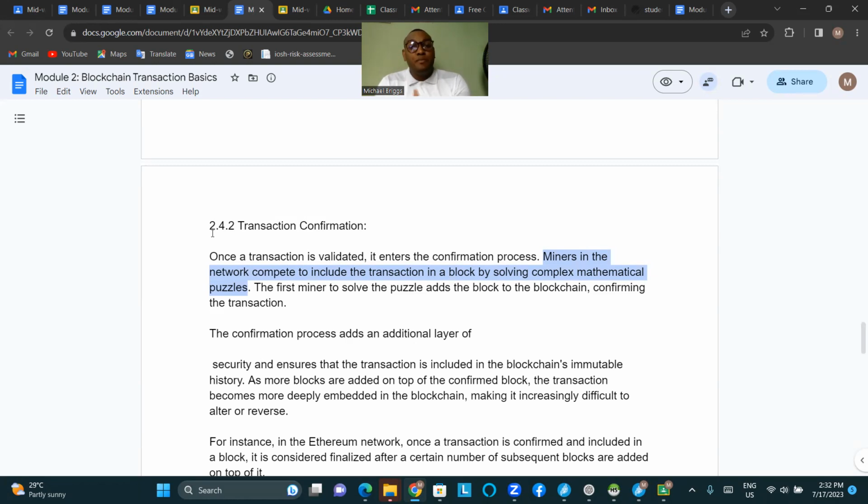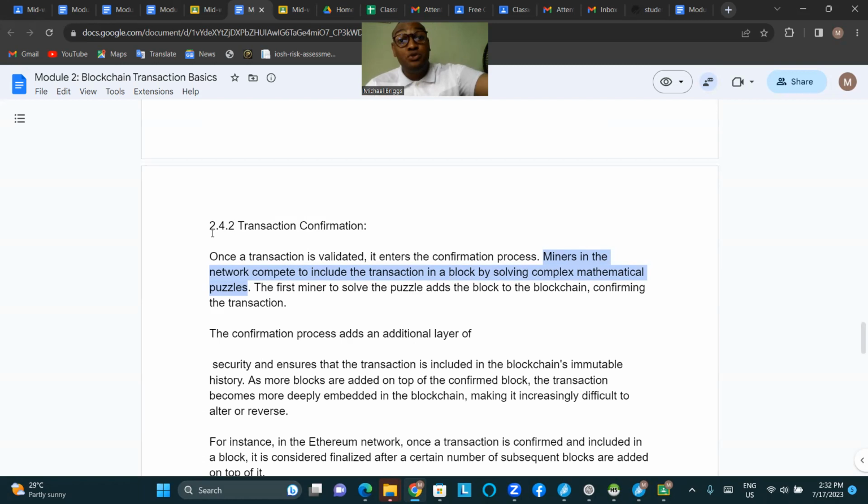Now, each of these computers, including miners in the network, how do they confirm this transaction? If my computer is a very fast supercomputer, it will be the first to go through this validation process and add it to the block. I've checked, it's okay, I add it to the block.